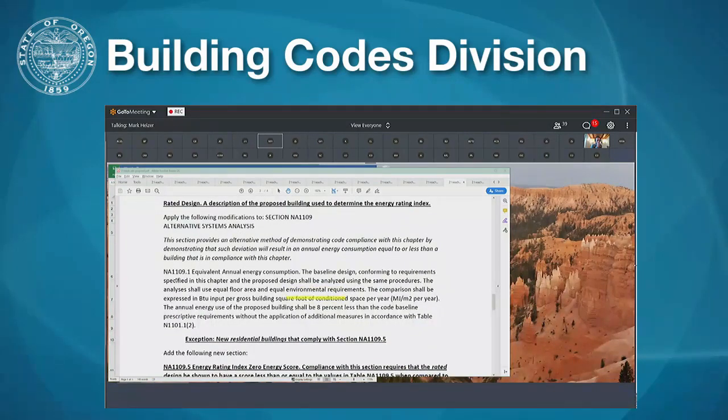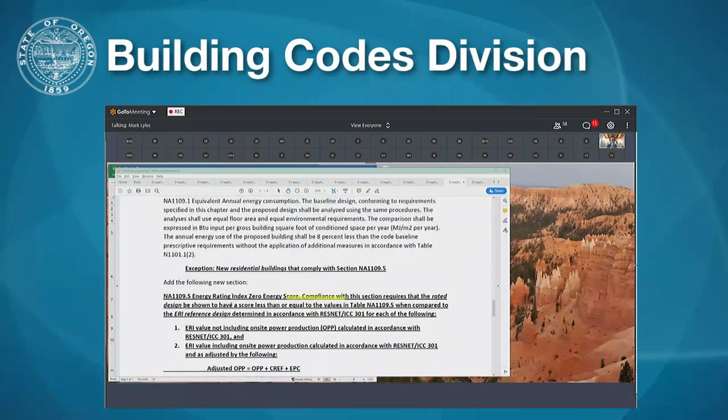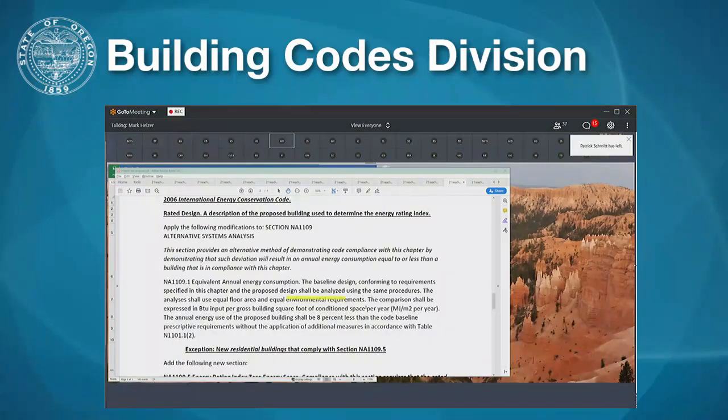This would just be a separate methodology. For the REACH code, yes, the ERI path would be separate from the other performance paths. We just need to make sure that we're either taking that out and making this the one performance path for the REACH code, or aligning the numbers up above for those targets to meet the new REACH code. So that'll be something we'll be reaching out to everybody on.